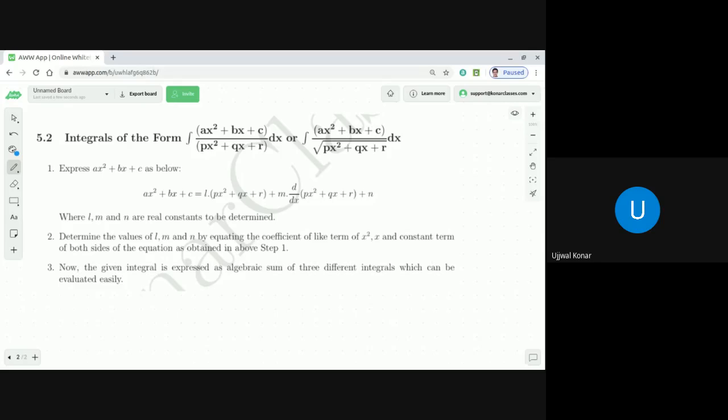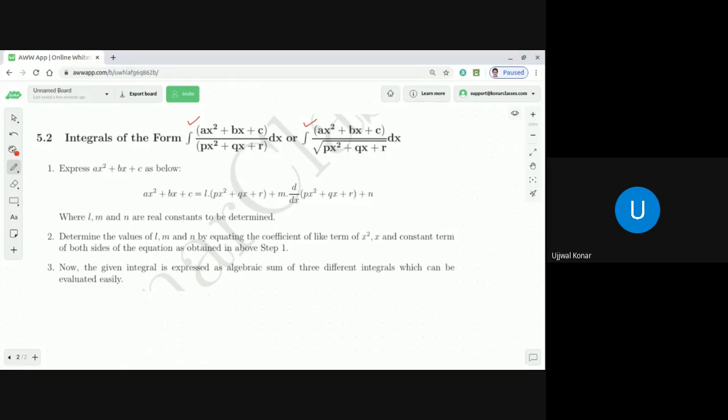If you look into this case, ax square plus bx plus c by px square plus qx plus r dx, in this form the numerator is a quadratic expression and denominator is a quadratic expression. Or in the second form, ax square plus bx plus c is a quadratic expression, and denominator is square root of px square plus qx plus r, which is a square root of a quadratic expression. Then what to do?